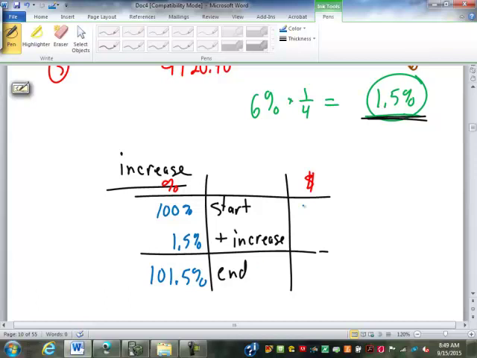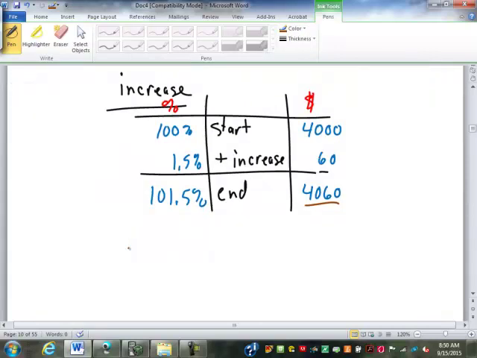If we were doing the first quarter, we started with $4,000, we added the $60, which is the 1.5%, to get $4,060. What we could have done that first quarter, rather than finding that 1.5% and adding it on, is take $4,000 and just multiply by 101.5%, which as a rate is 1.015.